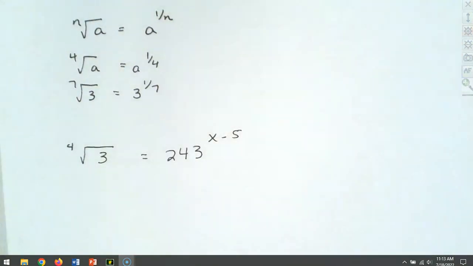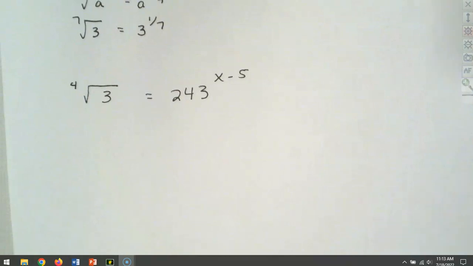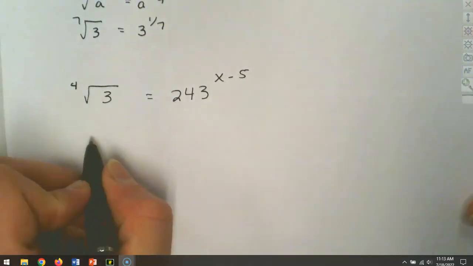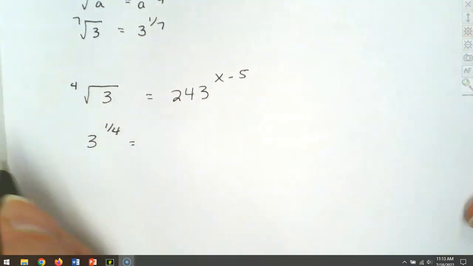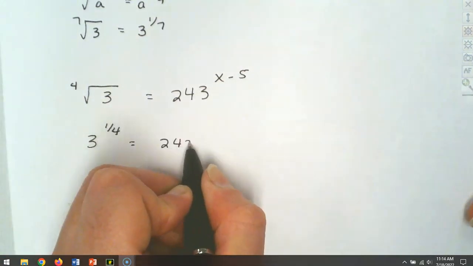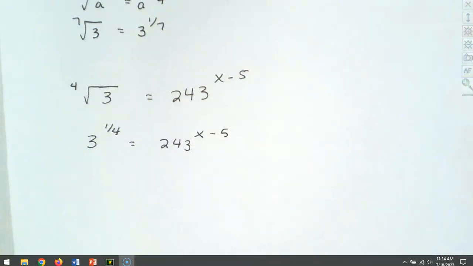So let's say I gave you this one. We want the 4th root of 3 equals 243 to the x minus 5 power. First thing we need to do whenever we see these roots is rewrite it so that it's in that base of 3. So I can rewrite this as now 3 to the 1/4 power. So that's the first thing I did. That way we can see what our common base is.